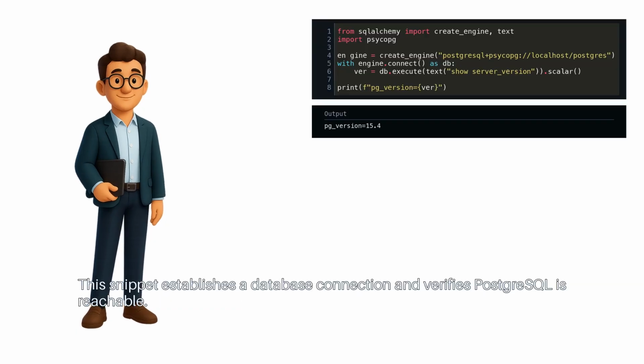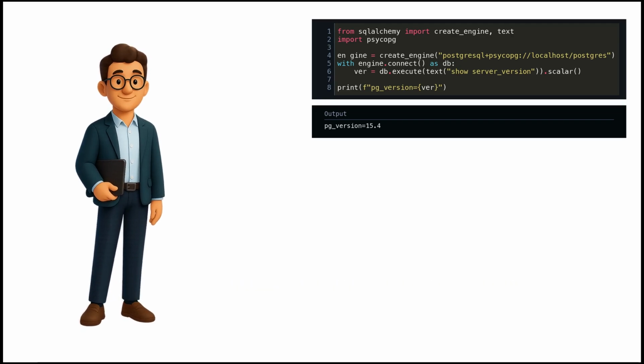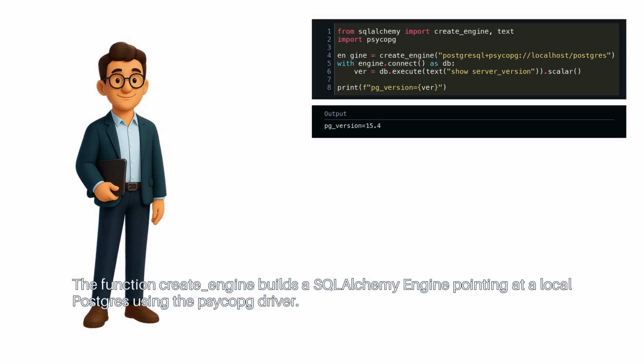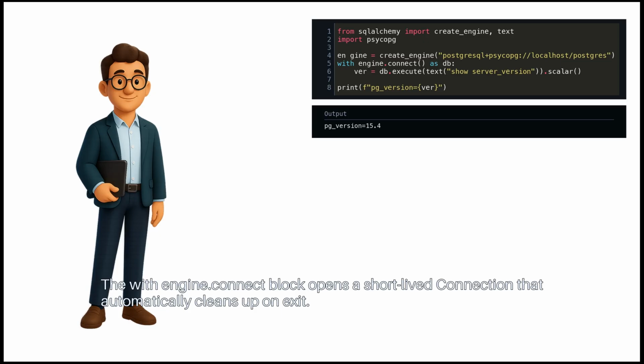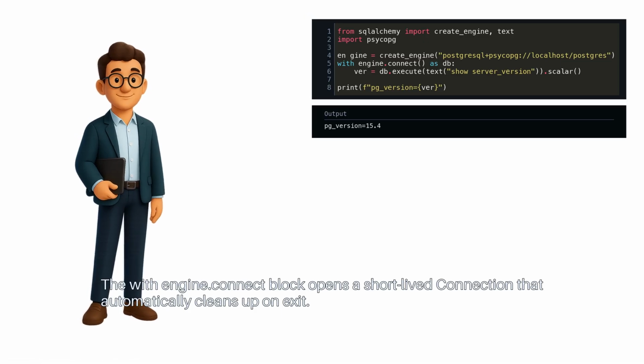This snippet establishes a database connection and verifies PostgreSQL is reachable. The function createEngine builds a SQLAlchemy engine pointing at a local Postgres using the psycopg driver. The with engine.connect block opens a short-lived connection that automatically cleans up on exit.